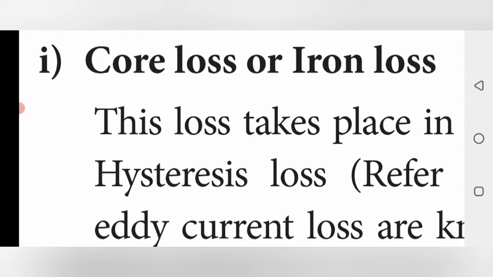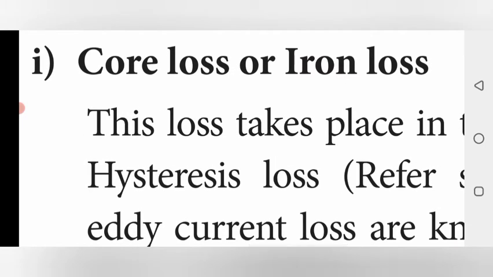Because of this, we have to cut the sheet, because a gap is maintained in the transformer core. This is also a type of energy loss because of the eddy current, and it can be minimized by using very thin lamination of the transformer core. So this loss is considered a core loss.